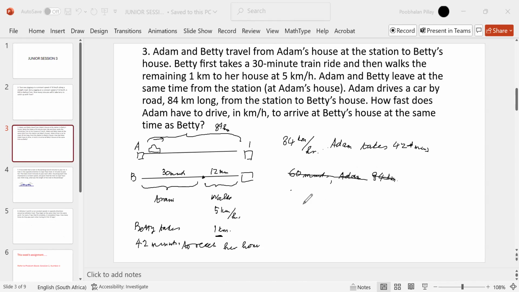So Adam's speed will be distance divided by time. So the distance he travels is 84 over time. Okay. The question is, you must give the answer in kilometers per hour. So let's convert everything to kilometers and hours. So the distance is 84.